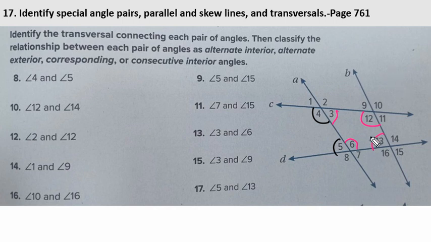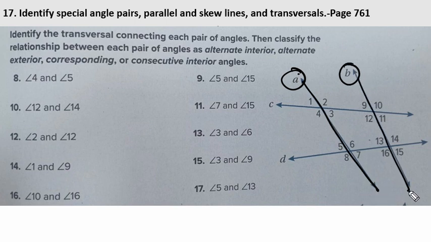Yes, same side and inside. 11 and 14 too. So in this example, the pairs of consecutive interior angles are 4 and 5, 3 and 6, 12 and 13, 11 and 14, when A is a transversal and B is a transversal. All right?